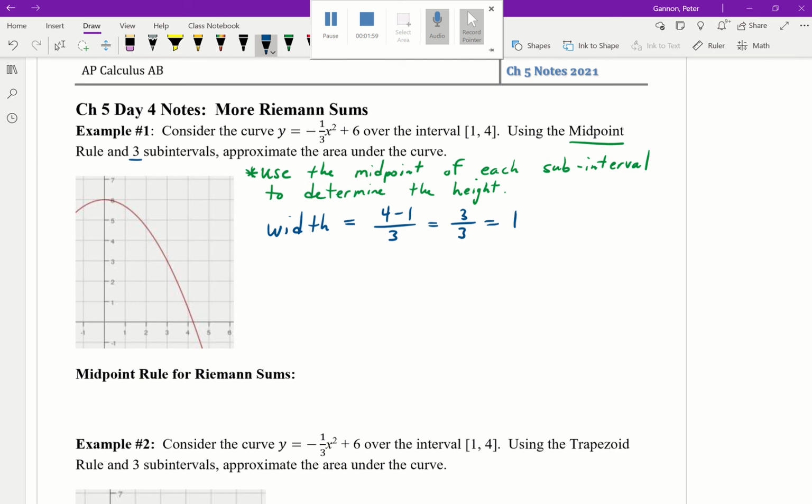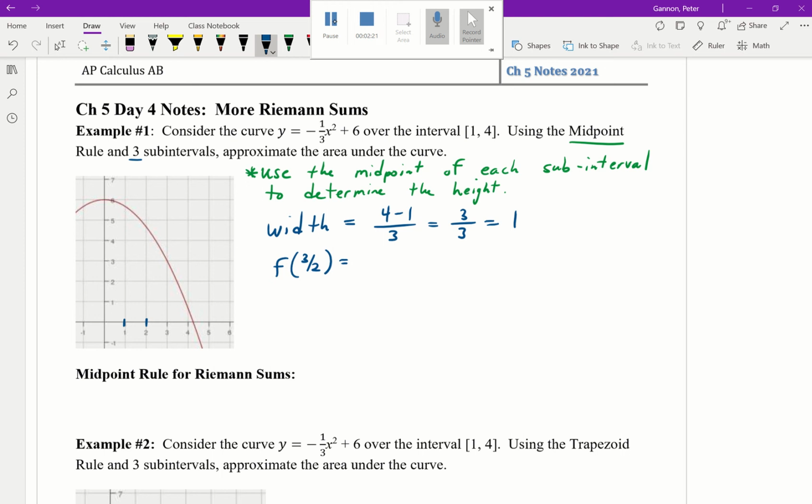Now, our first interval is going to start at 1 and end at 2. What we want to do is find the height at the midpoint of that interval. So halfway from 1 to 2 is 1 1/2 or 3/2. So we want to use the height at 3/2.